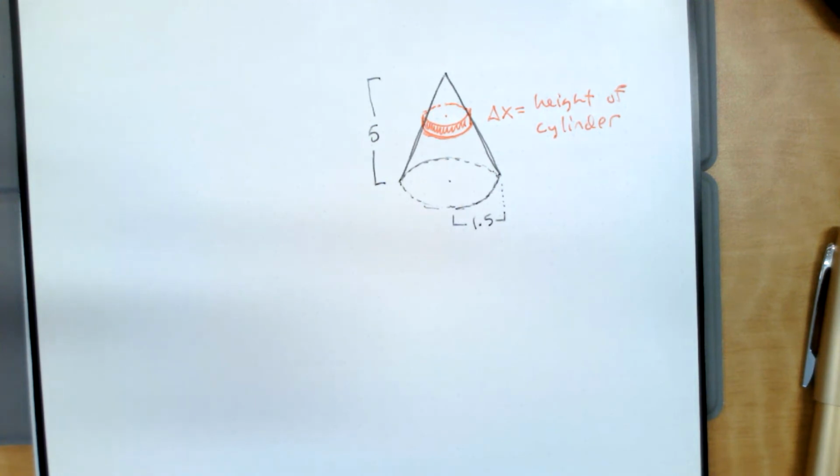And so instead of calculating the area of a triangle, we would be calculating the volume of a cone.